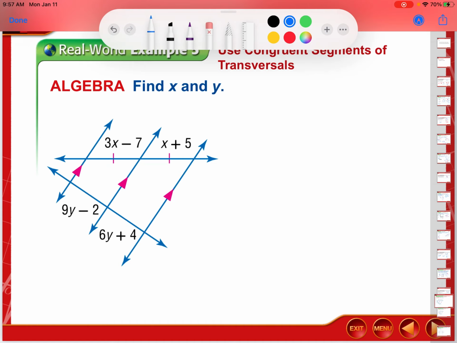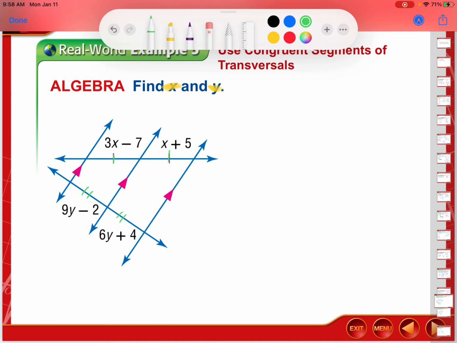All right, so now we have our example here where they say we can see we have 2 congruent segments on this top transversal, which means we have 2 congruent segments on this bottom transversal. And we're supposed to be finding both x and y.